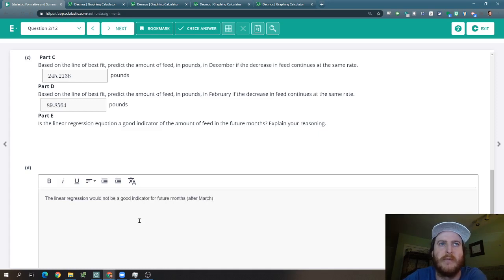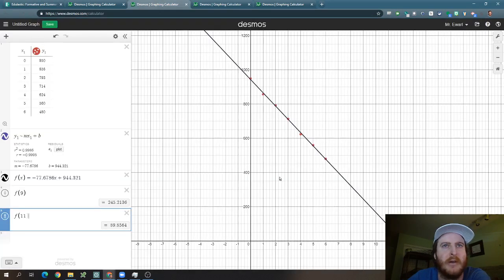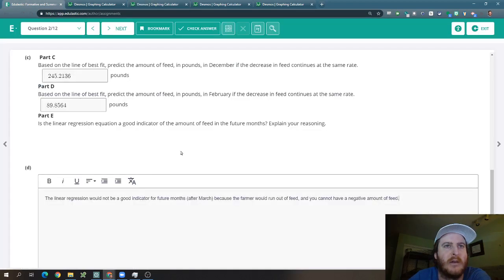March was month 12, because the farmer would run out of feed, and you cannot have a negative amount of feed. So this goes into that interpolation versus extrapolation, right? This was very good for interpolation, and even a little bit of extrapolation. It's good for extrapolation up until month 12, but then afterwards it starts going negative, and so it wouldn't have good data anymore.